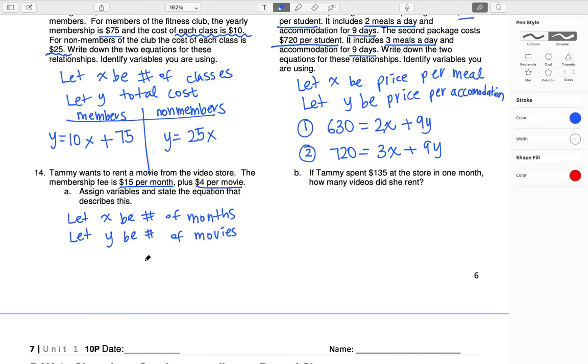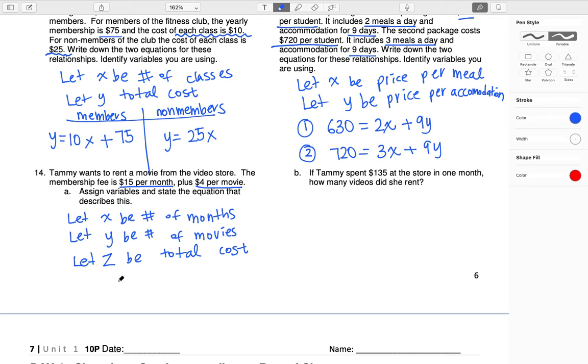In this case, we also need another variable because it involves a cost. We need to figure out how much Tammy is going to pay for the total cost. So we could say let z be the total cost. This is also a unique one because it involves 3 variables, but most likely for linear relations, we will only be using 2 variables.